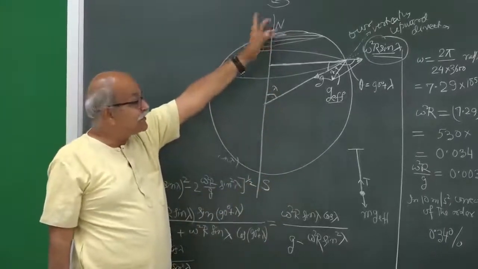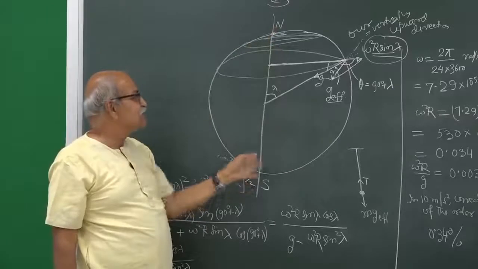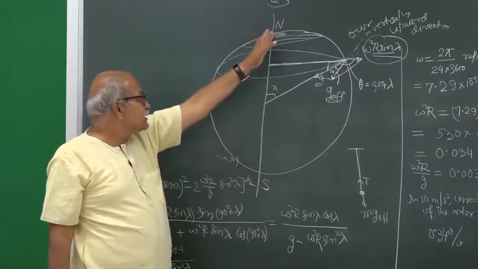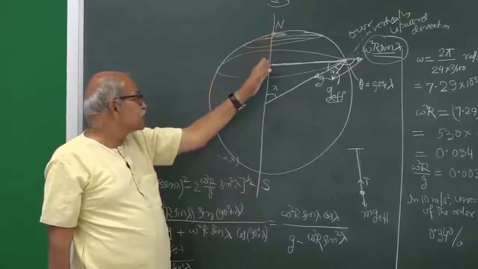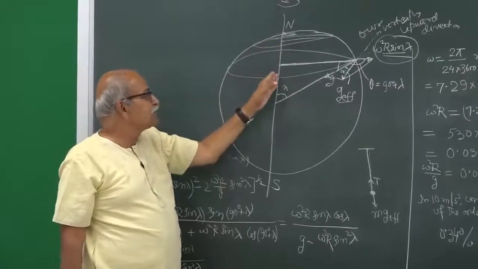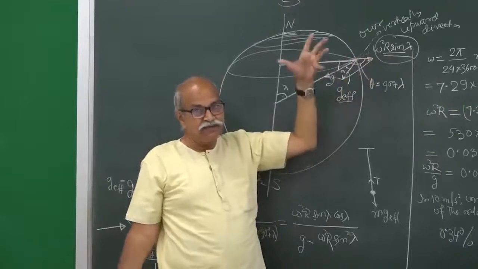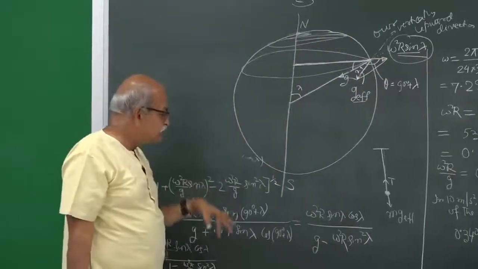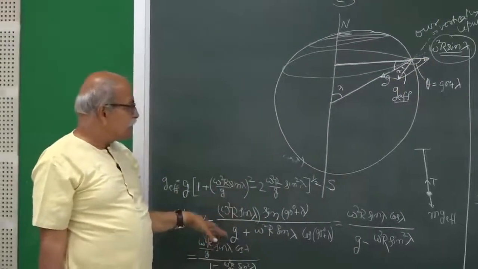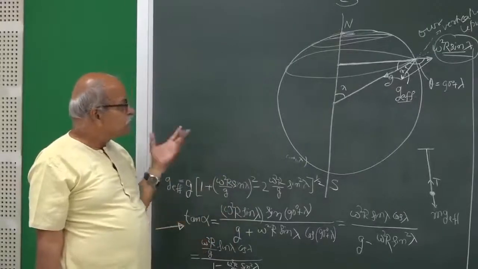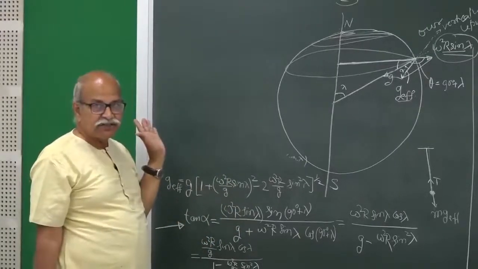So, you do not have that term, you only have this mg, and therefore, the g effective is in this direction. The magnitude is also not changed, because this vector is itself 0. So, at the poles, you have no deviation in this vertical, and also the magnitude of g effective is same as g.